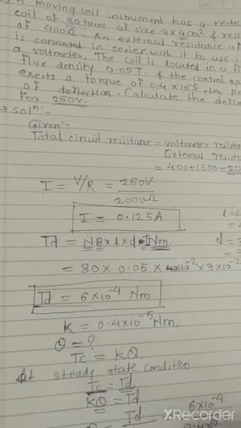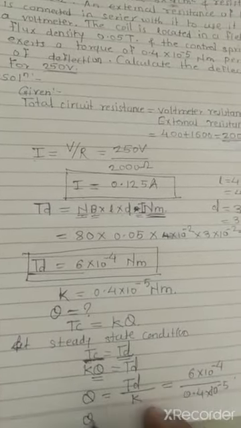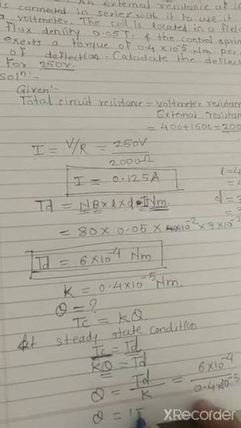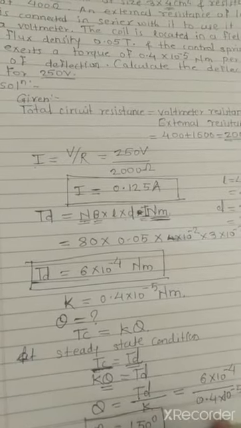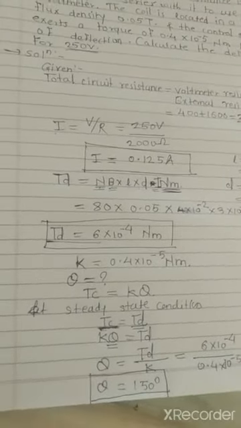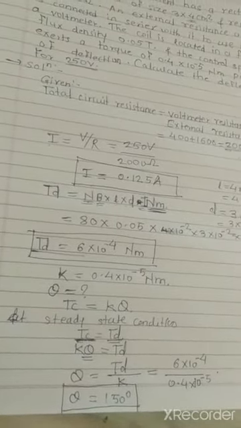By calculating this, you will get theta is equal to 150 degree. This is the value of theta, that is the deflection.